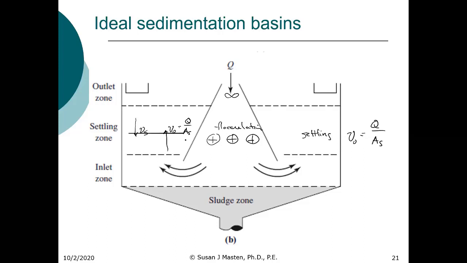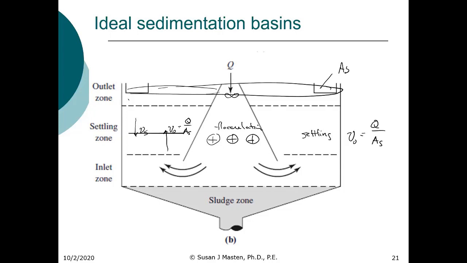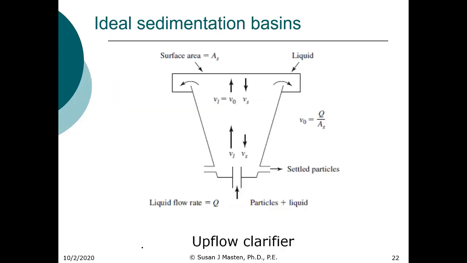The surface area that we use in the design is the upper surface area. So it's looking at it here. So it's this surface area here that we use in design. With an upflow basin, if V sub S is greater than V naught, then you get 100% removal.